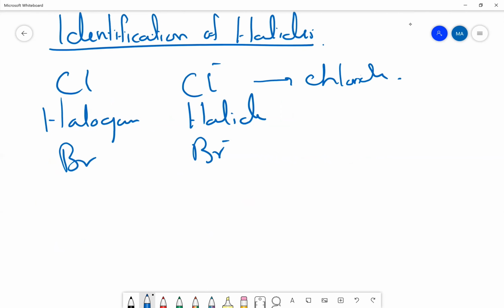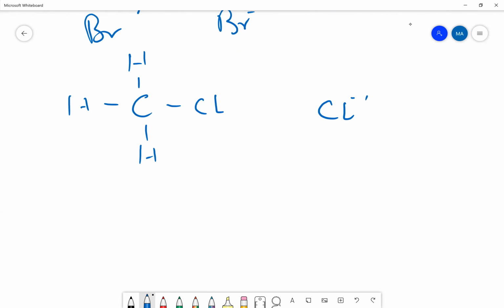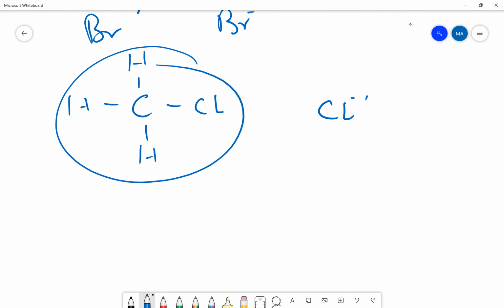So CH3Cl has a chloride attached to it, a Cl negative one. Yes, we should know how to identify these halides as well. If you have this compound given, you would have to test it to understand whether it has a chloride, a bromide, or an iodide.